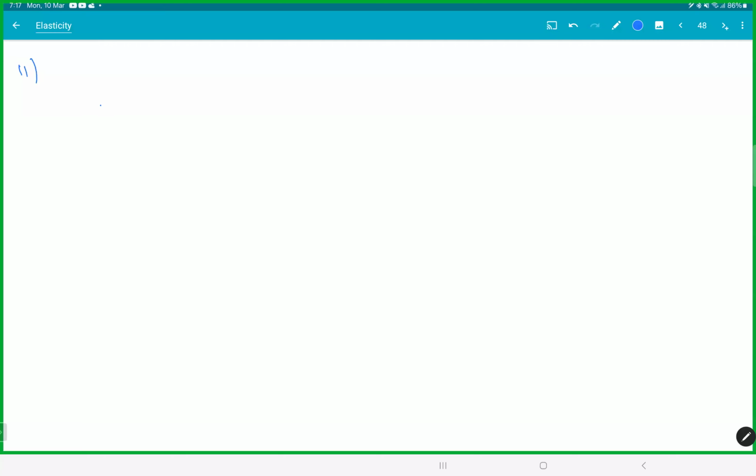So we got a cube here. The bottom is fixed. This is eta 1 rigidity modulus. This is eta 2. So you have two different materials. What you did, you made them stuck to each other.